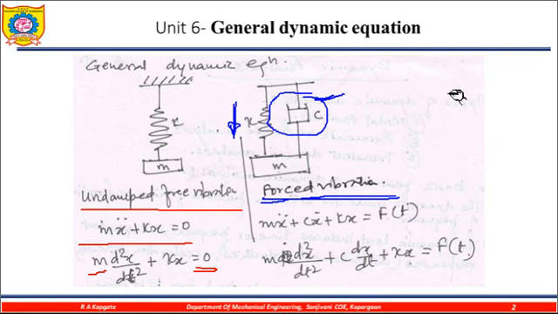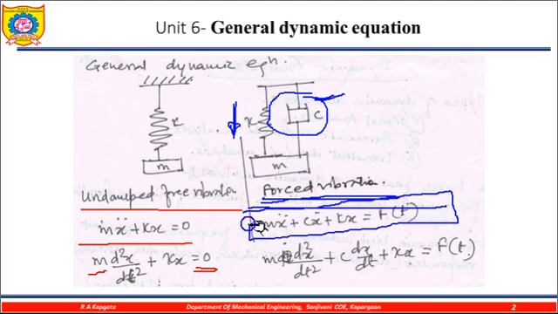So whenever we are interested to find out the responses, we need to use another differential equation, and that differential equation includes the term c into x dash, that is c into dx by dt.